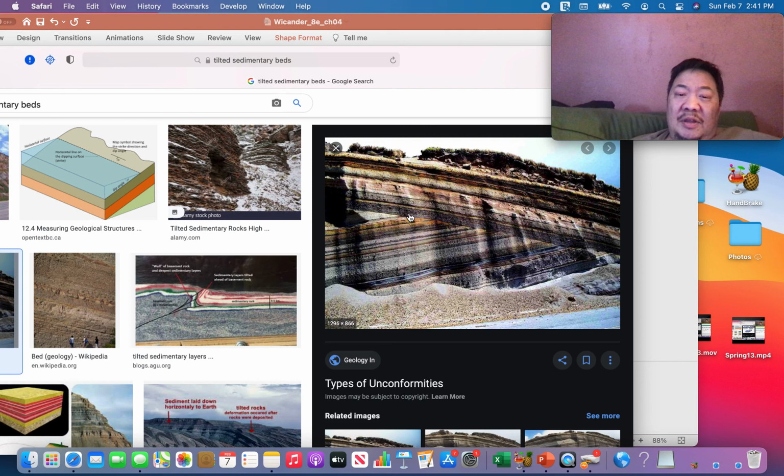Then what happened? Well, then you've got an unconformity here, because you can see that these beds here are tilted at a different angle. And this unconformity represents missing geologic time. What must have happened is that these rocks were first deposited horizontal. This whole stack of sedimentary beds was deposited horizontal. Then an earthquake tilted them.